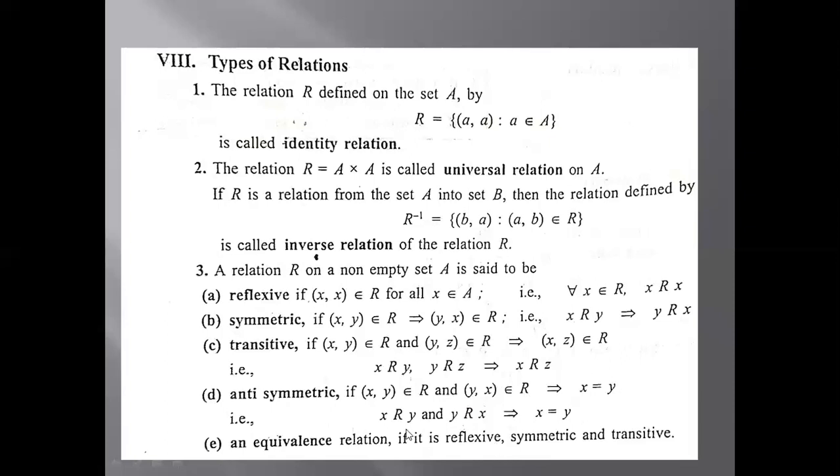That is, x is related to y and y is related to x implies x is equal to y. And the last, an equivalence relation. If the given relation satisfies all of reflexive, symmetric, and transitive properties, then we can say that the given relation is an equivalence relation.